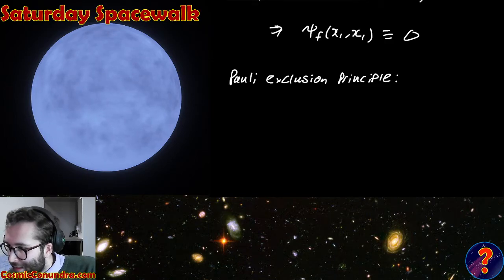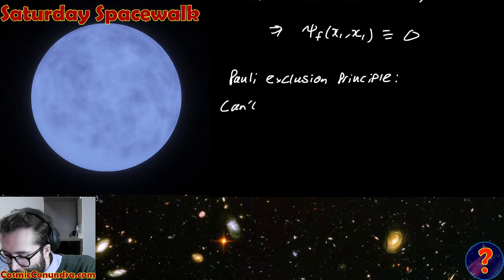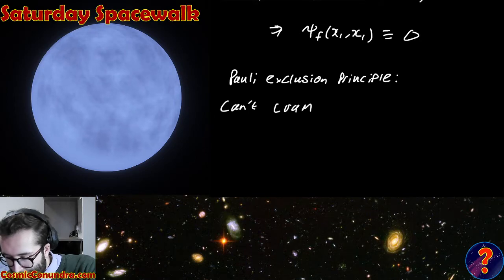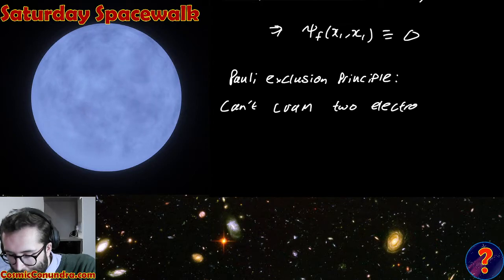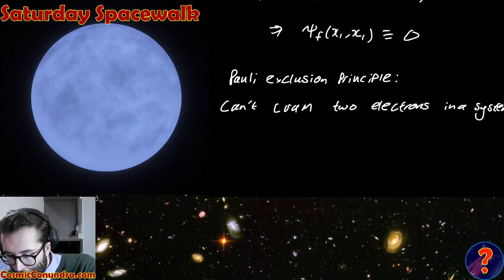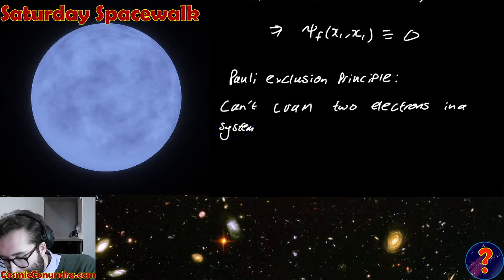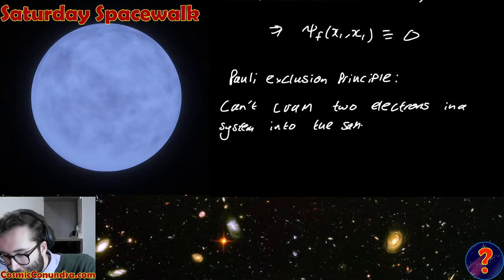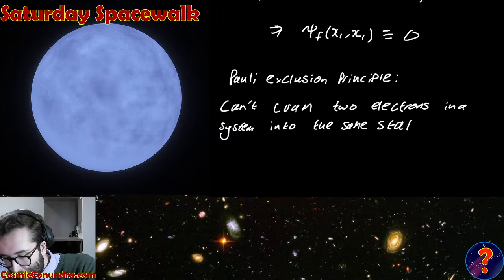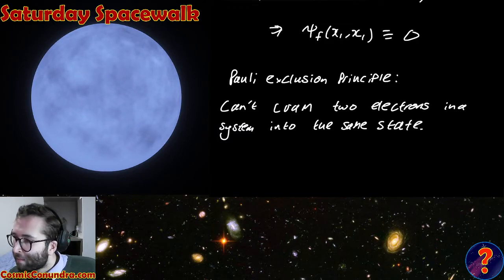And we can summarize this as saying that we can't cram two electrons in a system into the same state. It's not allowed, it's forbidden quantum mechanically.